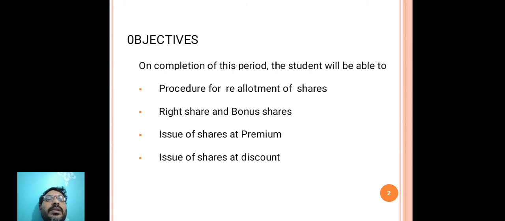Then we will clearly understand the procedure for reallotment of shares, and after that, what a right share and bonus shares are, and then issue of shares at premium and issue of shares at discount.